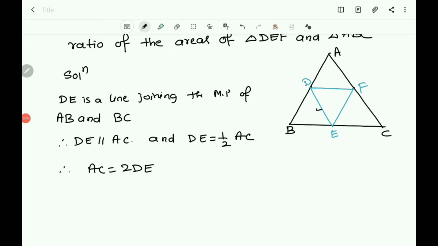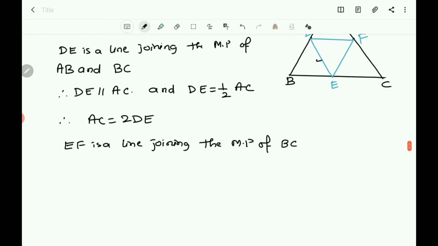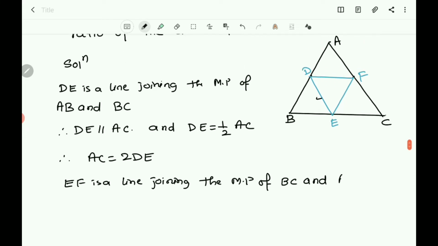And next you take EF. EF is a line joining the midpoints of BC and AC.